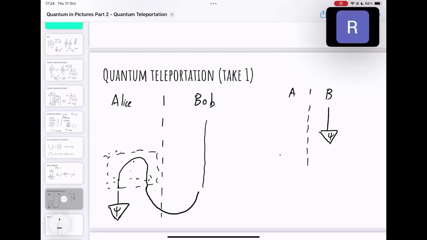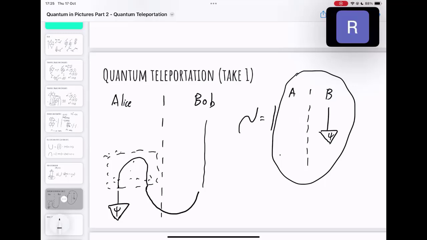So, from what we learned so far, if you just completed the rest of the diagram like this, with this box joining the quantum state that Alice wishes to teleport and the Bell state that Alice and Bob share, then we know from rewriting the diagram, because we know that this is true, that you'll end up with Bob sharing Alice's quantum state.